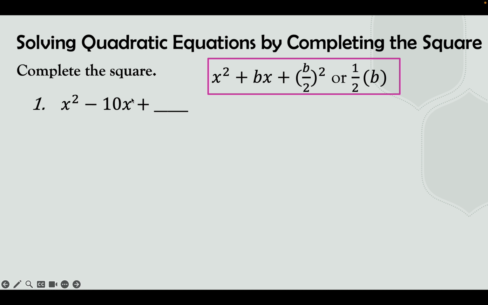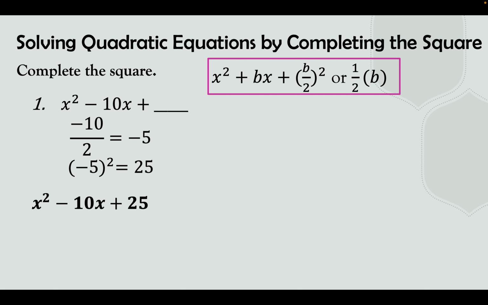In example number 1, our b is negative 10. Divided by 2, that is negative 5. So we square negative 5 and have positive 25. That means to complete the trinomial, we have x squared minus 10x plus 25.